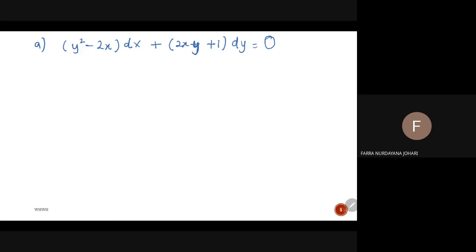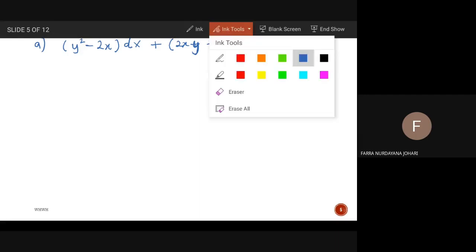So this is the differential equation given to us: y square minus 2x dx plus 2xy plus 1 dy equals 0.